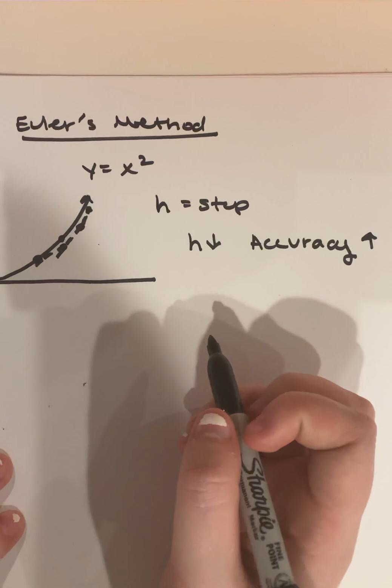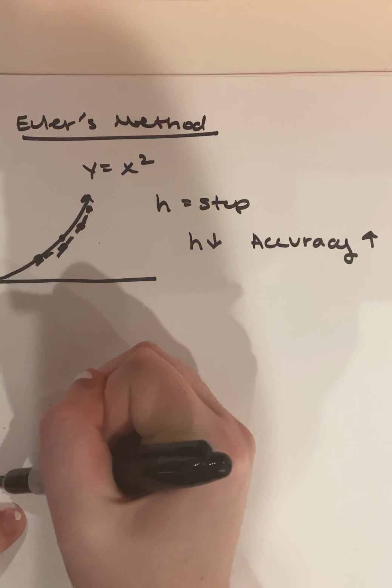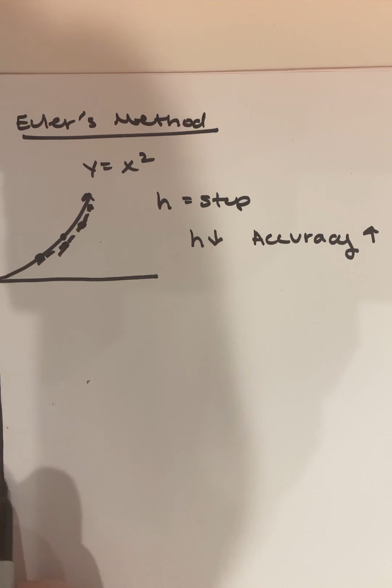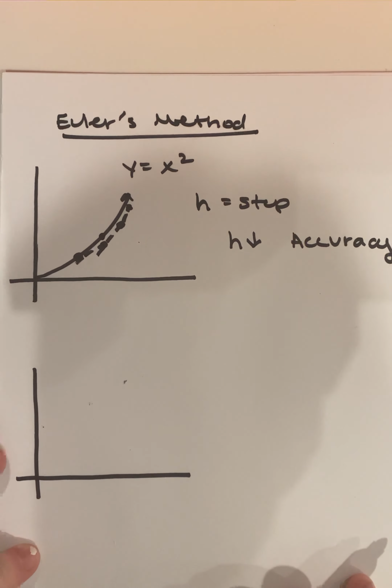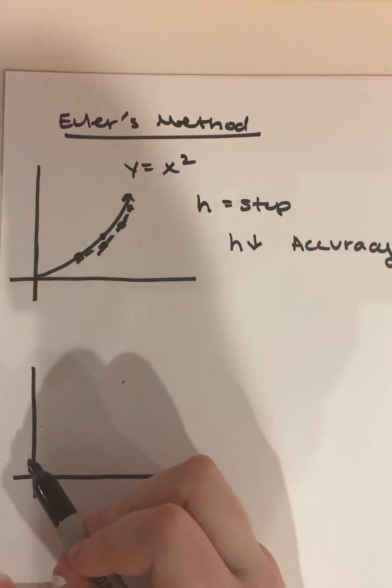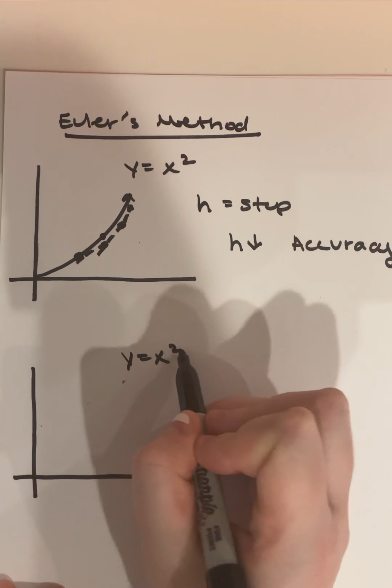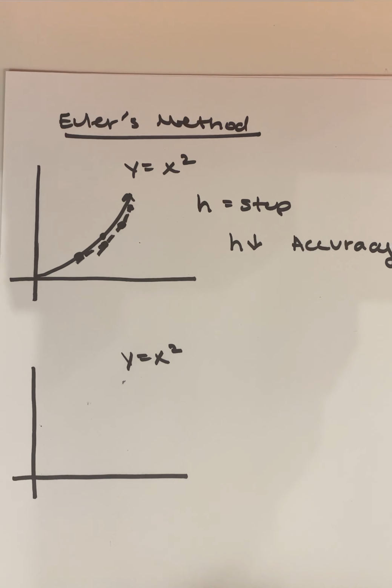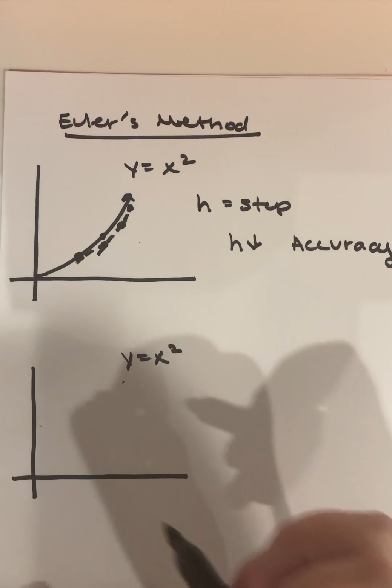So looking at this on a graph to find the equation for Euler's method, and how we're going to use it, which is with a table, let's draw our y equals x squared. We're going to be drawing a general equation for this, so we're not going to be using this, but just for visual sake, I'm going to use y equals x squared.